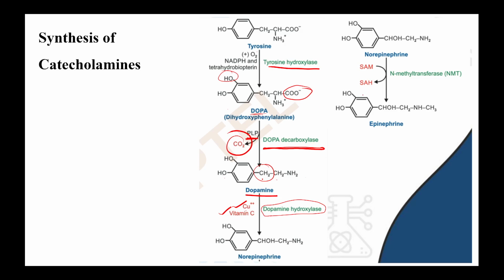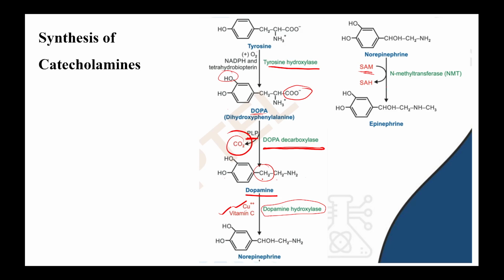Then norepinephrine is methylated to form epinephrine. So the amine group will be methylated, and the methyl group is transferred from S-adenosylmethionine, and the enzyme is N-methyl transferase.